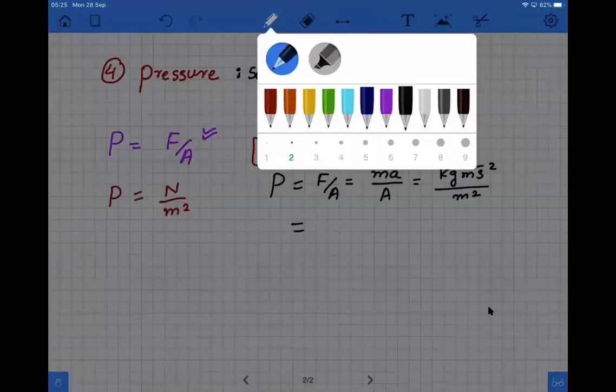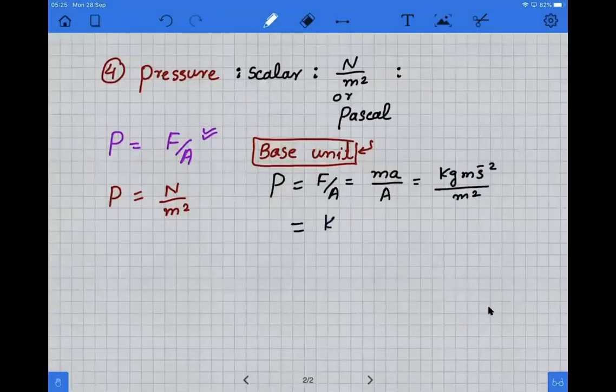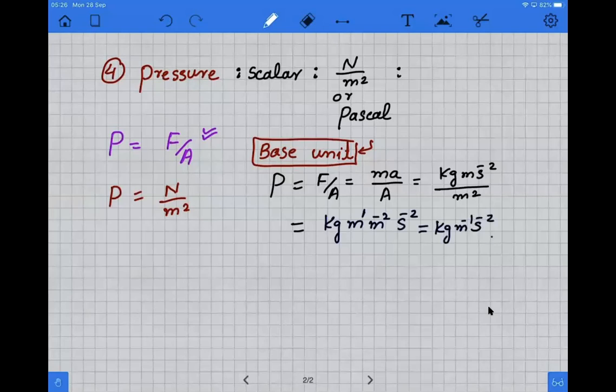So the final form of the base unit of pressure is kilogram, meter power 1 minus 2, and we can write it as meter power 1, meter power minus 2, and second power minus 2. So it would become kilogram meter power minus 1 and second power minus 2.